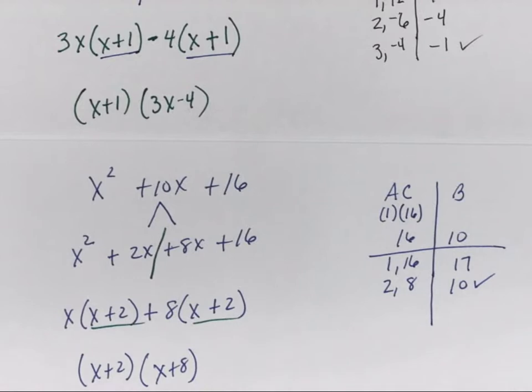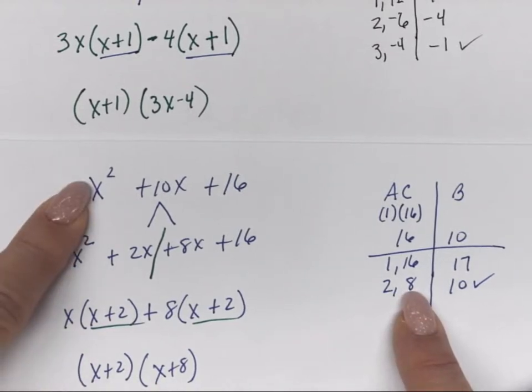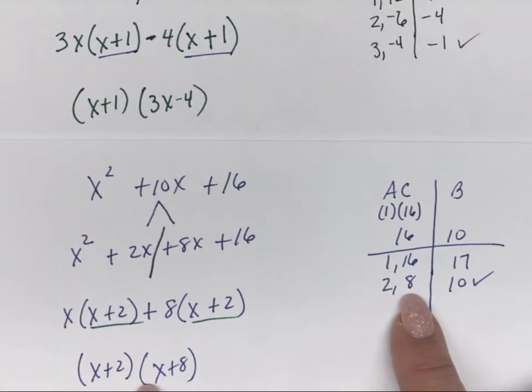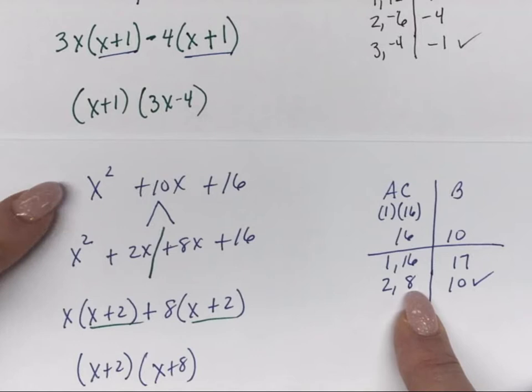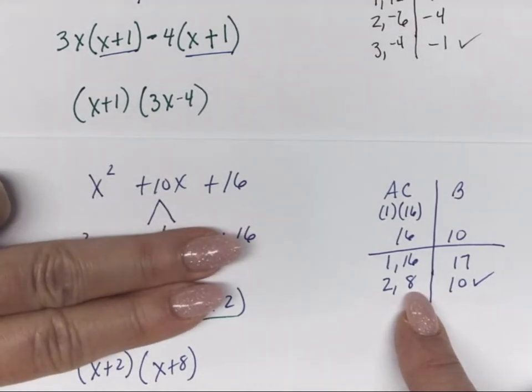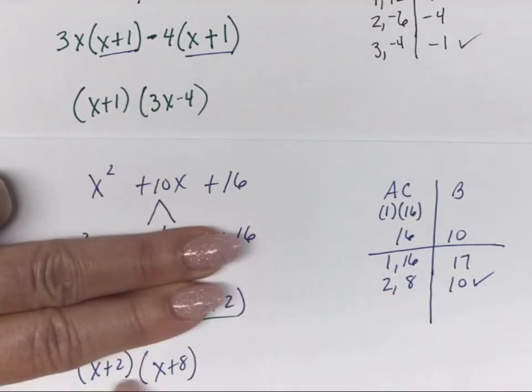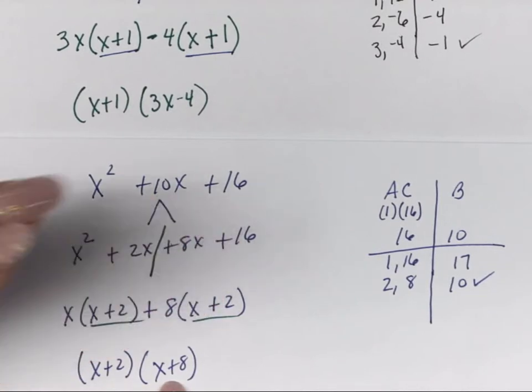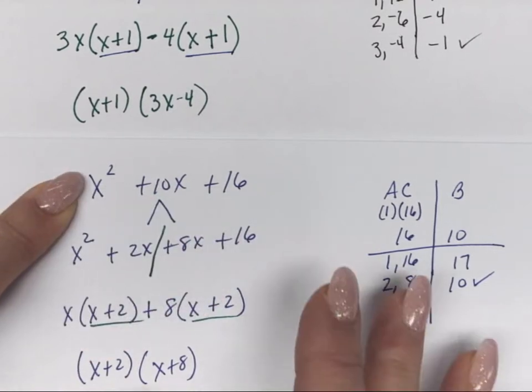Now, you may notice, hey, those are the same numbers. When you have a 1 out front, when you factor, it will become those. So when there's just a 1 out front, you don't have to do all of this. These will become your x plus 2 and your x plus 8. But that only happens when there's a 1.